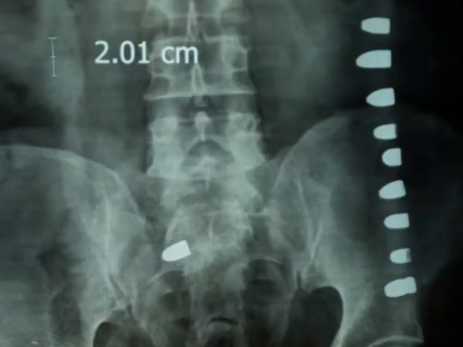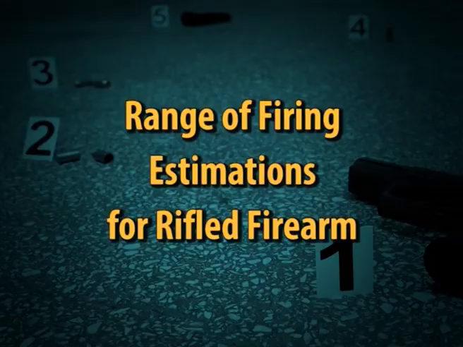In various cases, using X-rays actually saves time as position of the bullet in the body can easily be determined without any time consuming dissections.